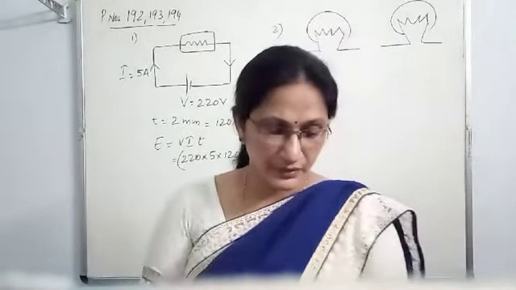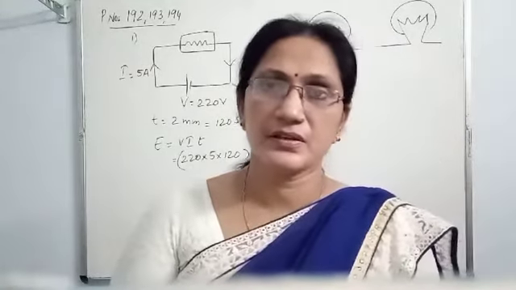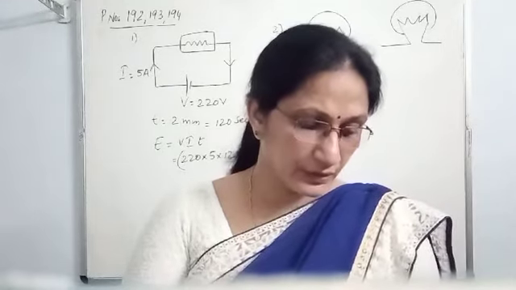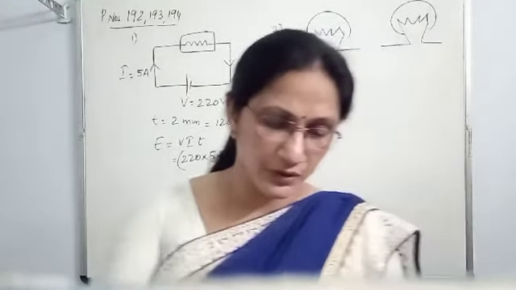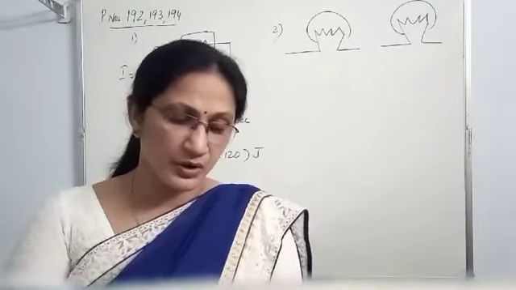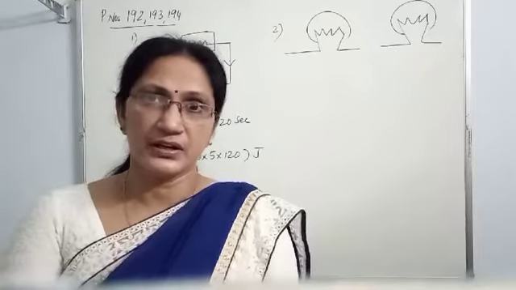Next question. Second one, same page. 2 bulbs are marked 60 watt 220 volt, and another one 60 watt 110 volt. Find the ratio of their resistances.